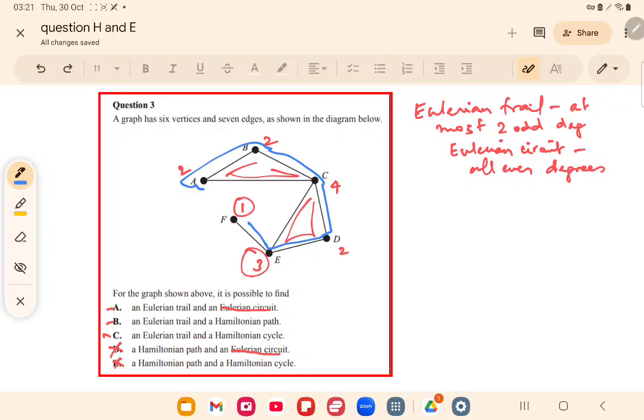You may have to visit a vertex more than once. So a Hamiltonian cycle is not possible. So let's kick that out and kick that out. Now that leaves you just with option B.